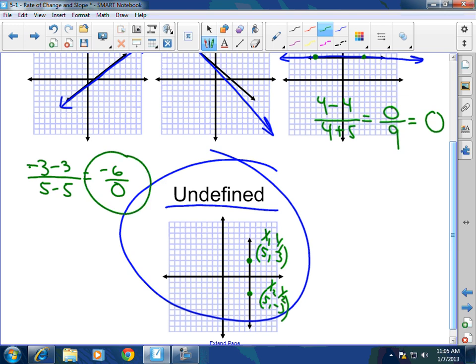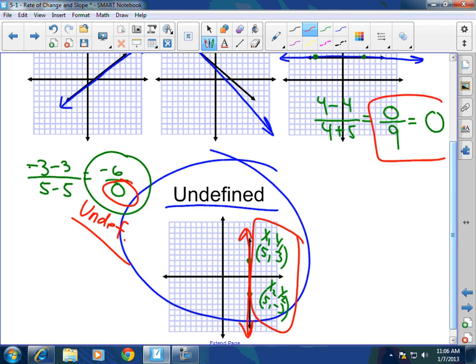You cannot have 0 in the denominator. That's why it becomes undefined. So if you just see the graph, you can know this straight line going through an x is undefined. But if I give you these point values, don't stress out when you see a 0 in the denominator, my brothers. If you see a 0 in the denominator, it's undefined. Done. If you see a 0 in the numerator, the answer is 0. Done. Zero slope, undefined slope. Does that make sense? Thank you.